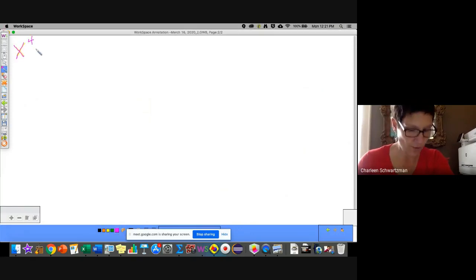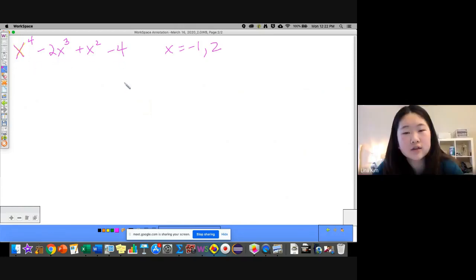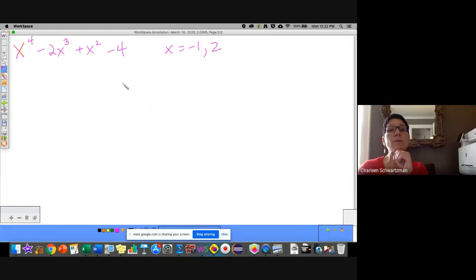So x to the fourth minus 2x cubed plus x squared minus 4. The roots were -1 and -1, right? Are we missing anything here in the polynomial?